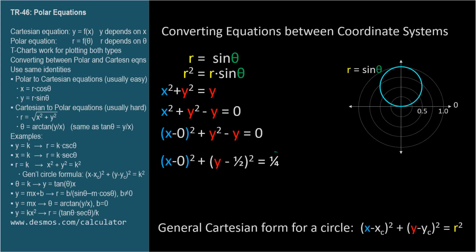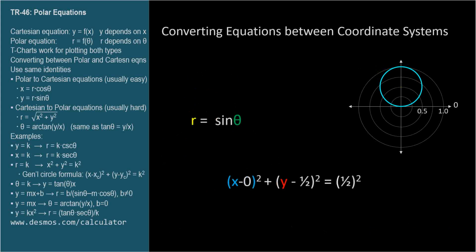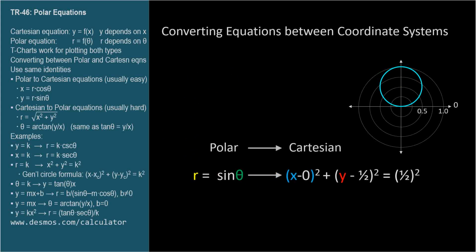We just need to express the right-hand side as a square. Since 1/4 equals 1/2 squared, our equation becomes x minus 0 squared plus y minus 1/2 squared equals 1/2 squared. This is a circle whose center is at (0, 1/2), and whose radius is 1/2, which exactly corresponds to the circle r equals sine theta.